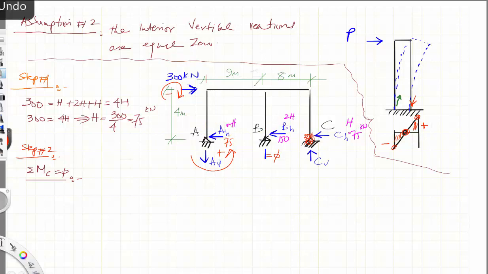This is from statics. So I have only two elements to deal with, so it becomes minus 300, and the distance is 4 meters. This one is negative, plus AV multiplied by this distance, which is 9 meters, is equal to 0.